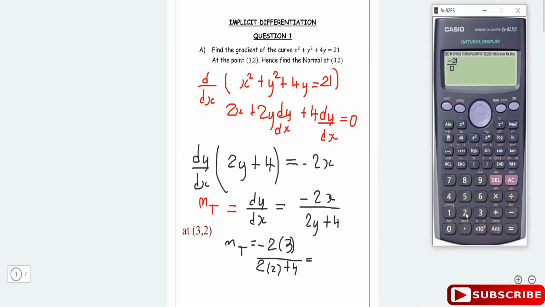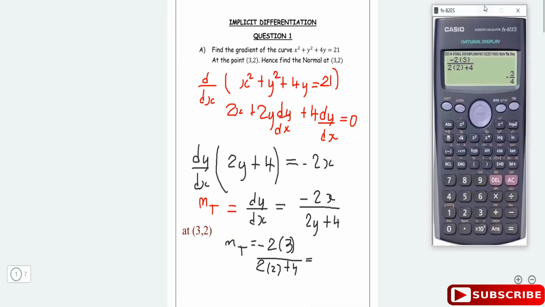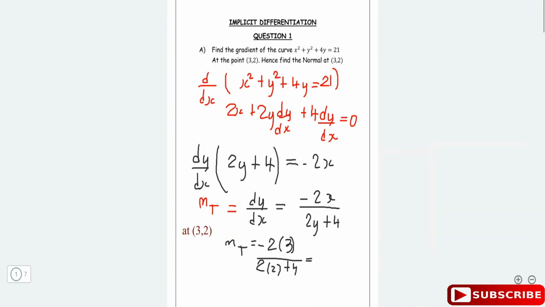Minus 2 times 3, divided by 2 times 2 plus 4. That's minus 3 over 4. Minus 3 over 4 is the gradient.